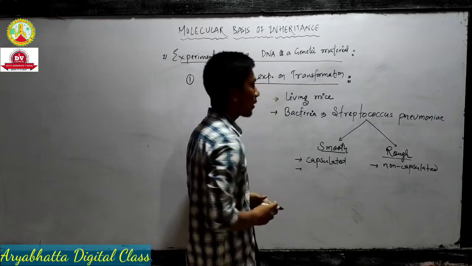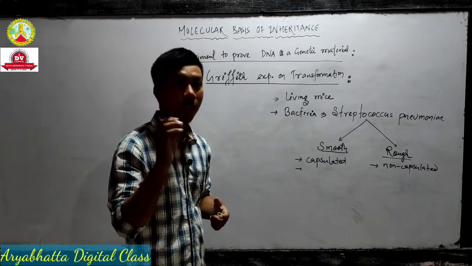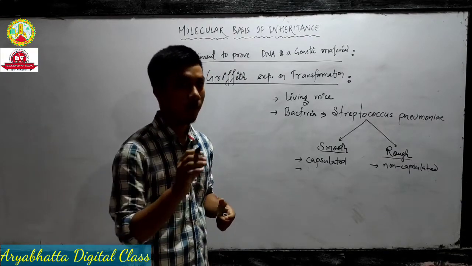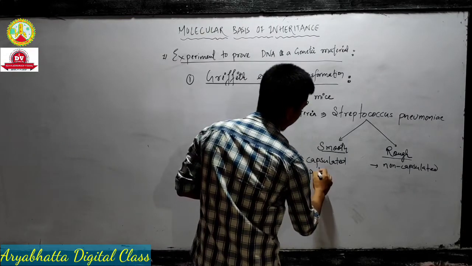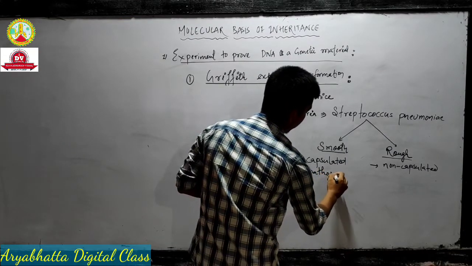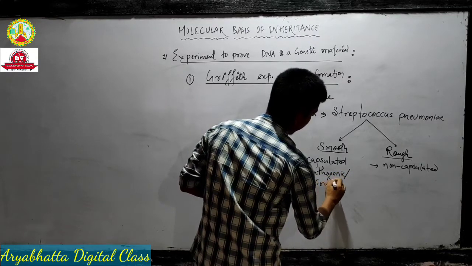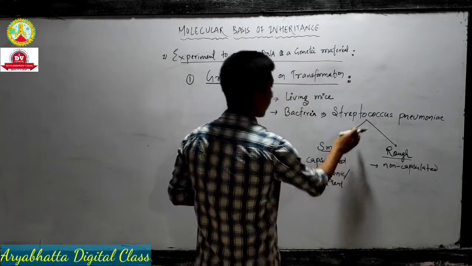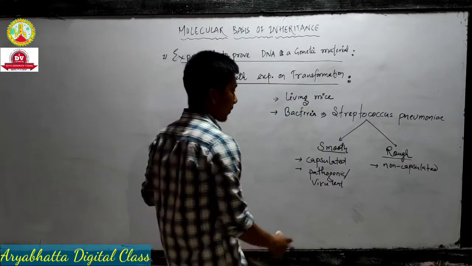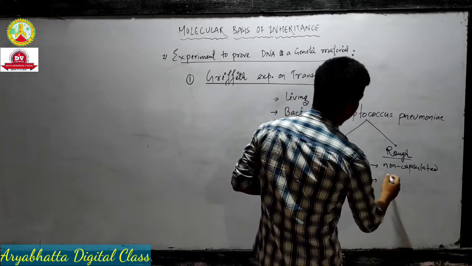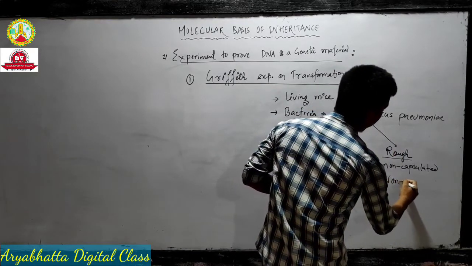One more thing, the smooth Streptococcus pneumonia are virulent. That means they cause disease. They are pathogenic. They are the actual Streptococcus pneumonia which causes disease. Rough Streptococcus pneumonia are non-virulent.